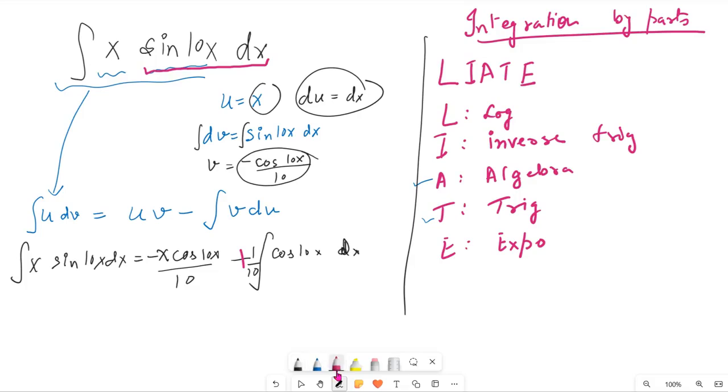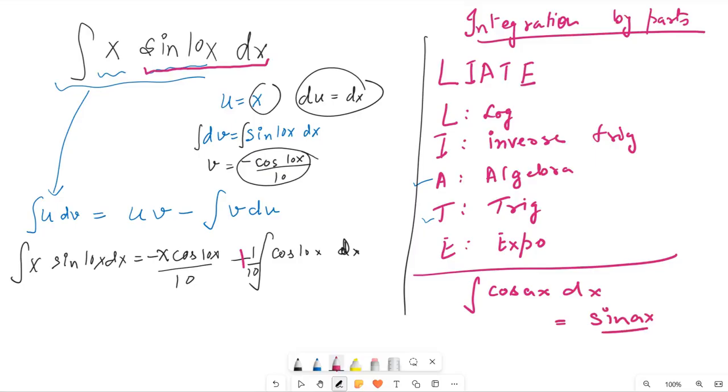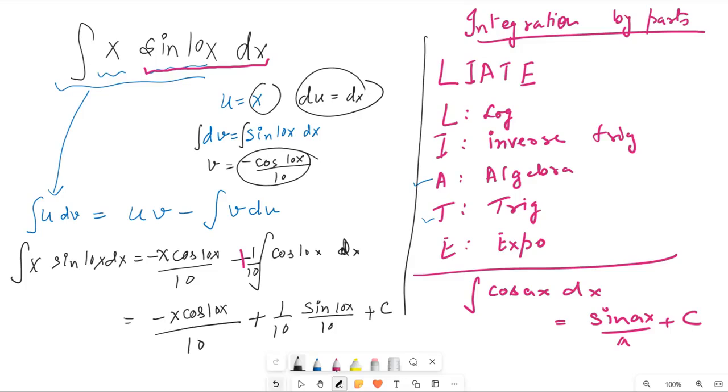Now remember, integral of cosine ax dx was sine ax by a. That formula we learned in calculus 1. So this is equal to negative x cosine 10x by 10 plus 1 by 10 times the integral of cosine, sine 10x by 10, plus c.